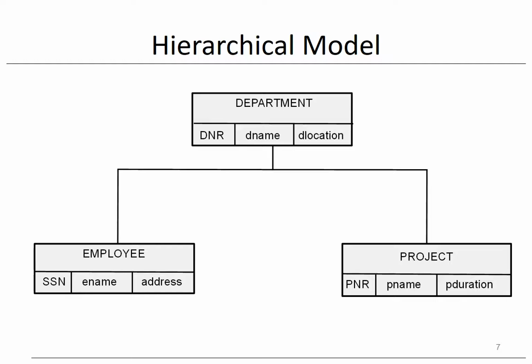A department can have 0 to n employees. An employee is always connected to one department. A department can work on 0 to n projects. A project is always worked on by exactly one department. This is a very simple hierarchical structure. Department is the root record type, and both employee and project are the leaf record types.